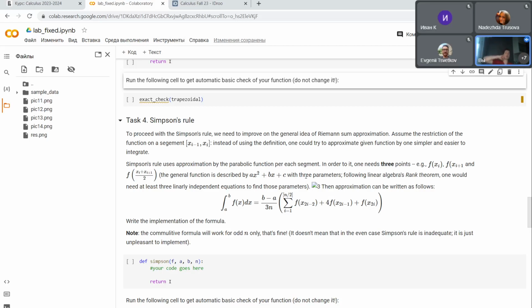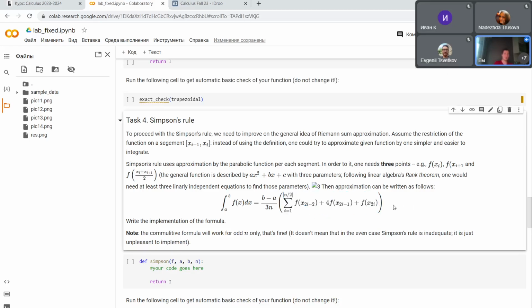So the idea is the following: you can make the same partition as usual, but now you need to use this formula to make an approximation on the segment which includes 3 points. Okay? Do you have any questions?